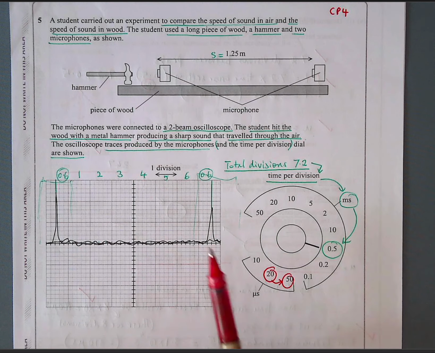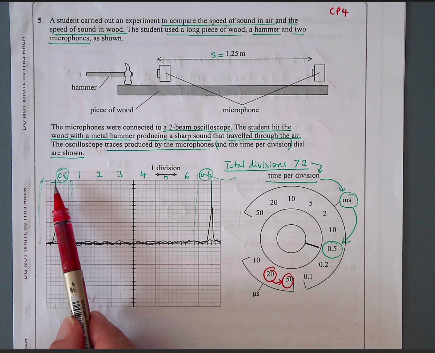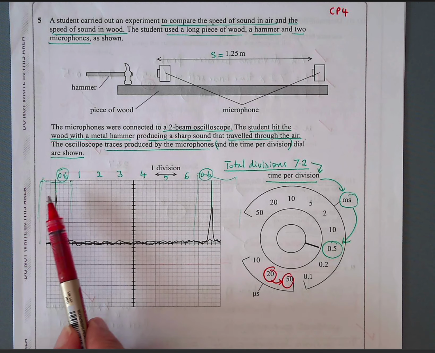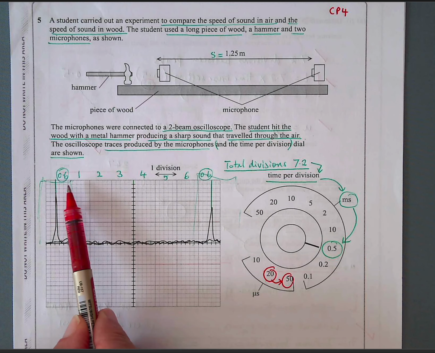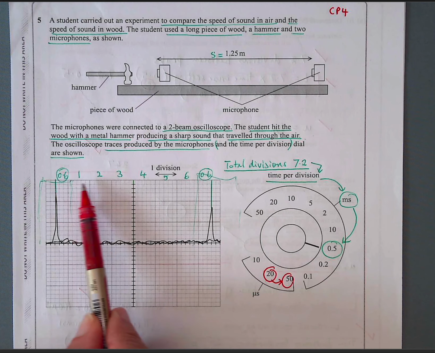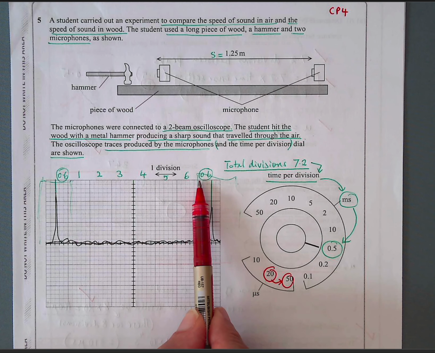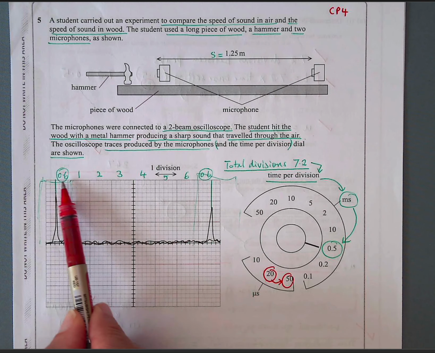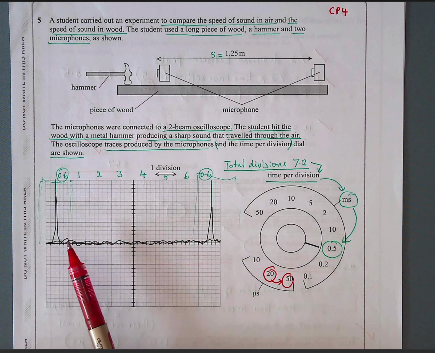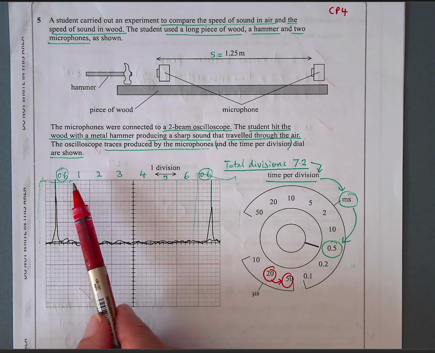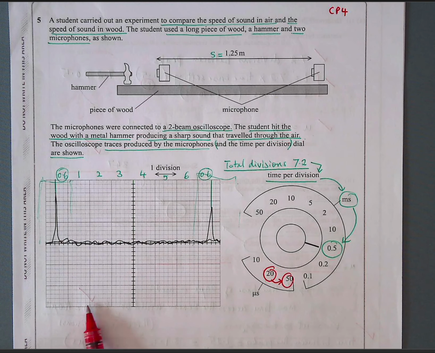Okay, so you can see that normally on an oscilloscope you will have 10 divisions, squares, so the peaks are separated by 6 complete squares, 0.6 here and 0.6 there. So total divisions between the 2 peaks is 7.2. Yeah, so if you count the total number of squares, it's 1, 2, 3, 4, 5, 6, 7, 8.